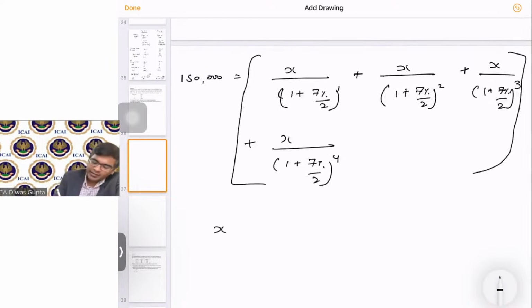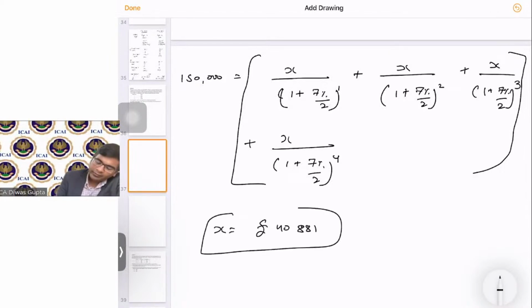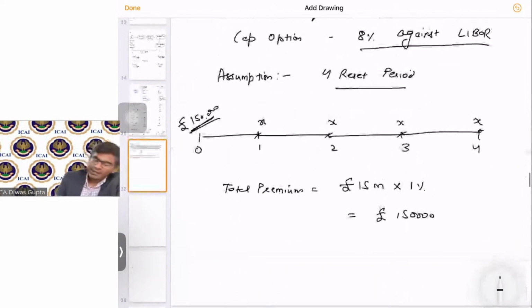So if you solve this, then X will be 4881... sorry, it should be 4861.